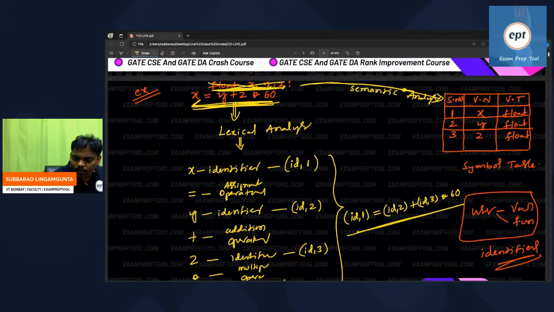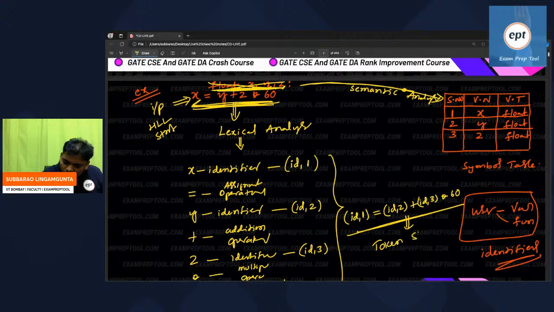Remember, the input is a high-level language statement, or high-level language string, or high-level language program. The output is going to be a token string.